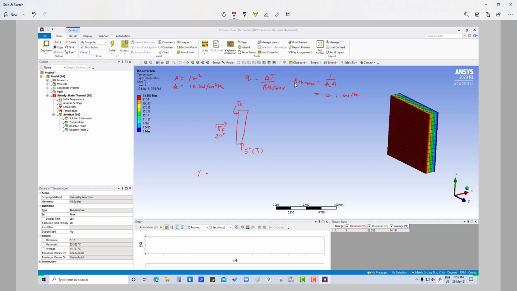This is TF. Now it's a convection. From here, this is T1. This resistance is convection, and this resistance is conduction.